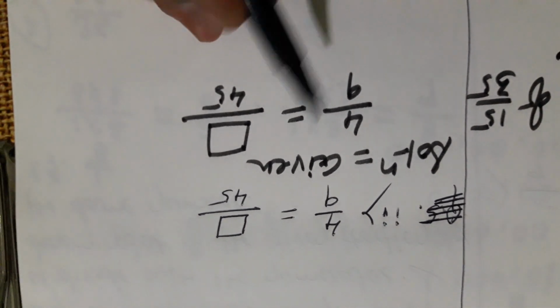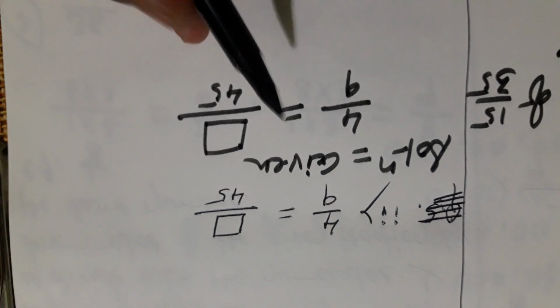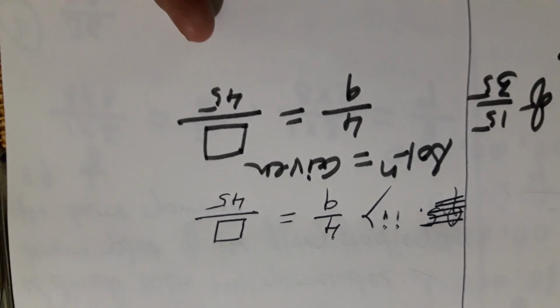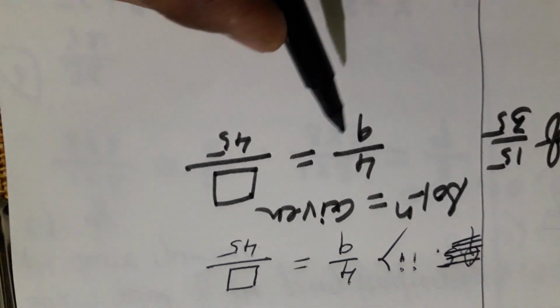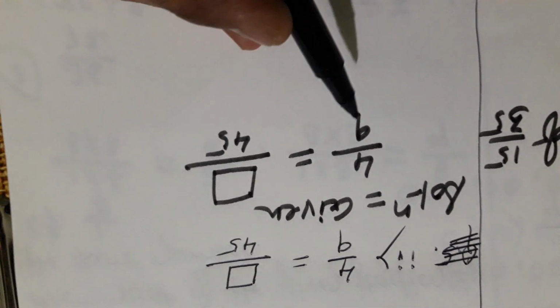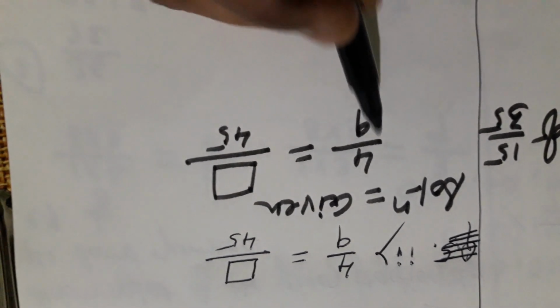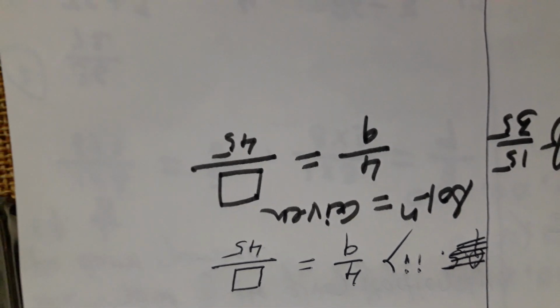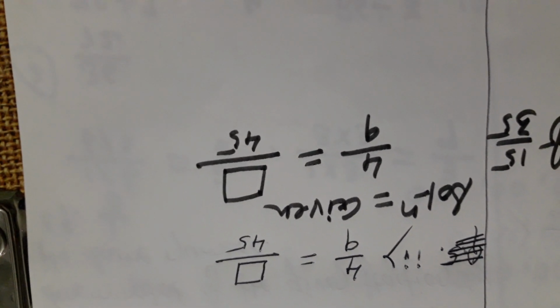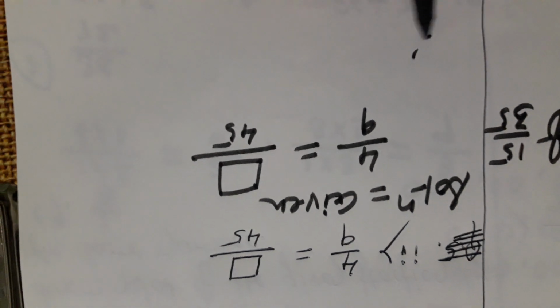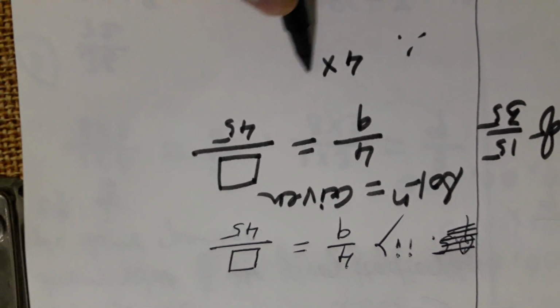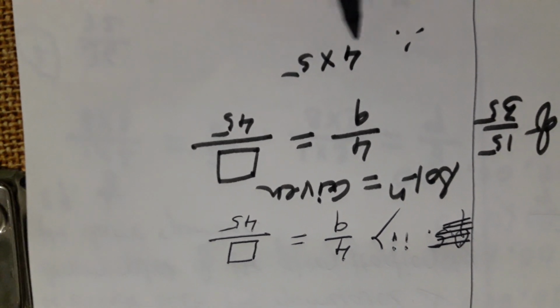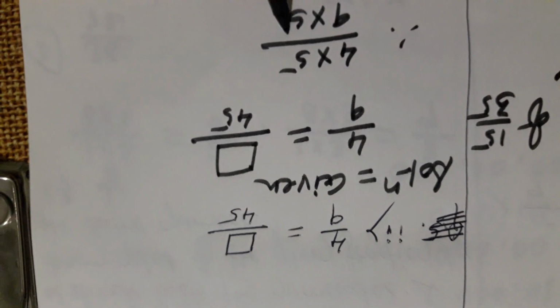After multiplying this 9 we will get 45, or after dividing this 9 we will get 45. Okay, is it clear? Now see here, by which number multiplying this 9 will we get 45? When we multiply 9 by 5 we will get 45. Then we have decided 4 into 5 and 9 into 5.